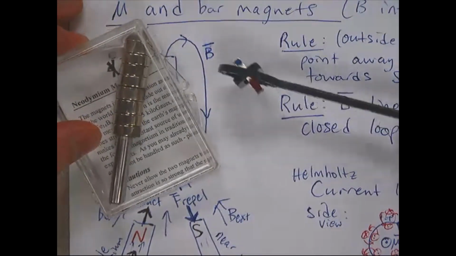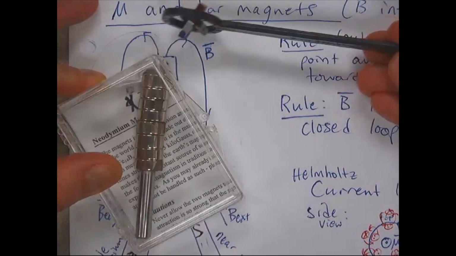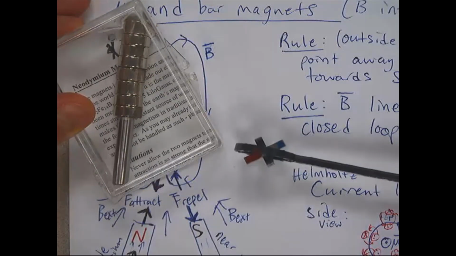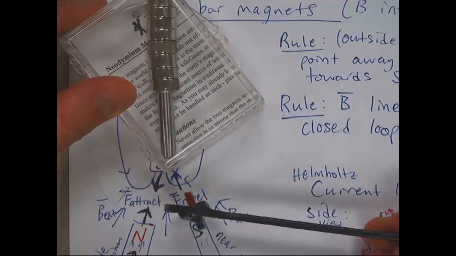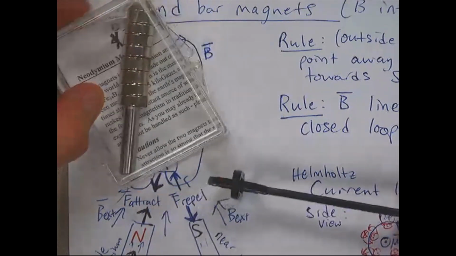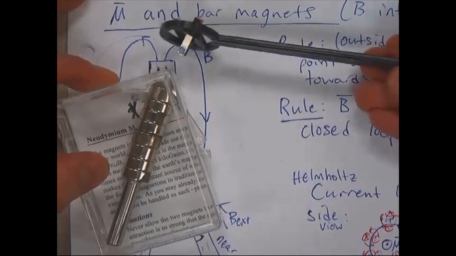So in class you use these MagneProbes to model the magnetic field created by a loop of wire carrying current, and you can see that that field is extremely similar in its nature to the field of a bar magnet.